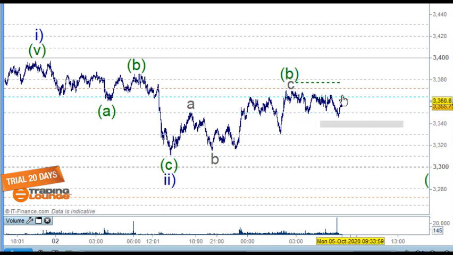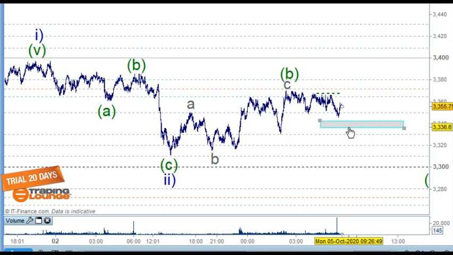Like I said, this appears to be corrective, but just to confirm that, taking this high out through here would do the trick. That would tell me that that is actually corrective, and that will be going higher from that point, and you can be on it at that point.